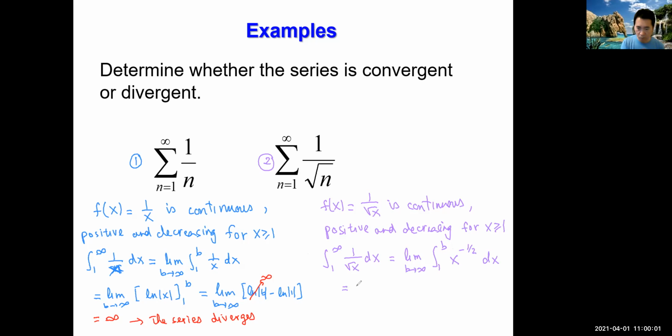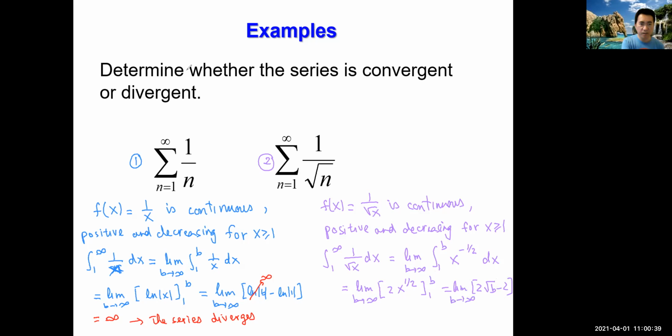Using the power rule, I add 1 to the exponent, so that's x to the 1/2 divided by 1/2, or times 2, from 1 to b, as b approaches infinity. And now I plug in b, and you have 2 square root of b minus, plug 1 in, well, that's 2 times 1, which is 2, as b approaches infinity.